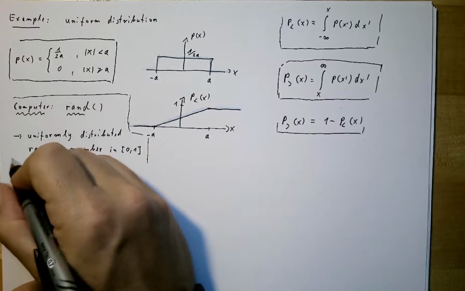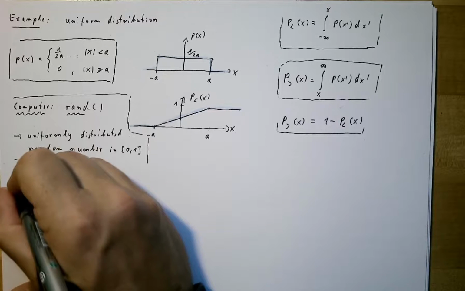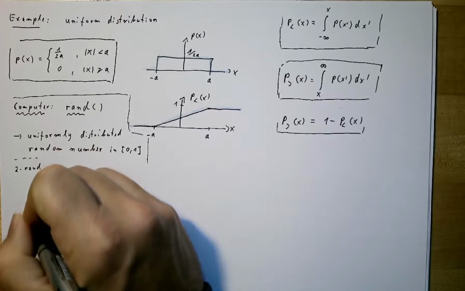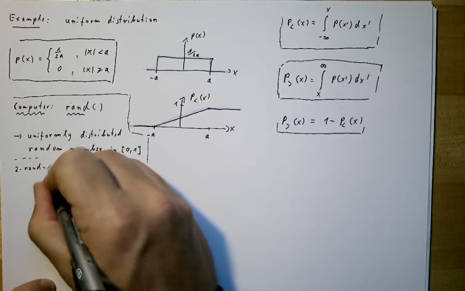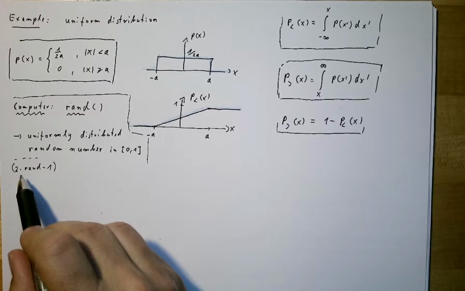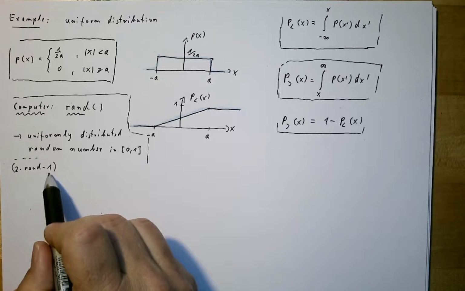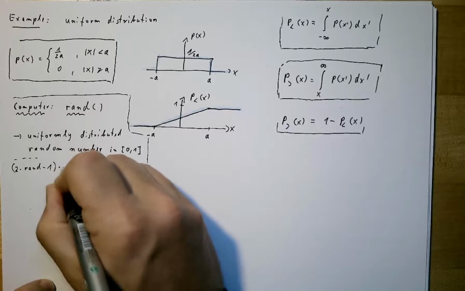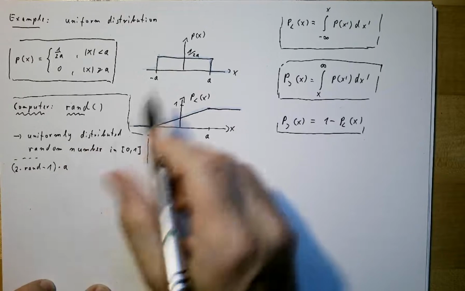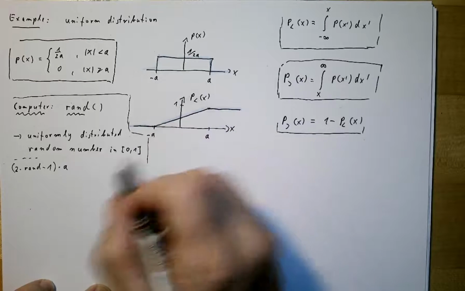So for example, I would just calculate 2 times rand - 1. This now gives me a random number in the borders -1 and +1. And then I multiply this by the constant a. And this now gives a random number between -a and a.